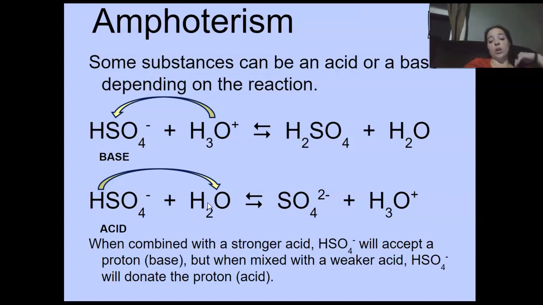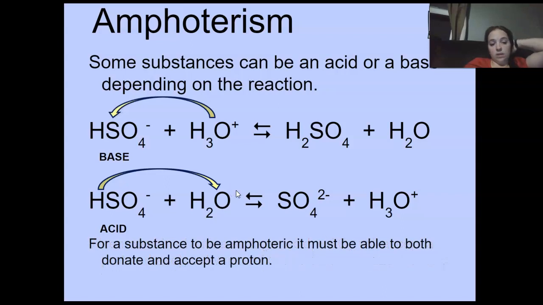When combined with a stronger acid, HSO4 will accept a proton and be the base. But when mixed with a weaker acid, HSO4 will donate and become the acid. For a substance to be amphoteric, it must be able to both donate and accept a proton.